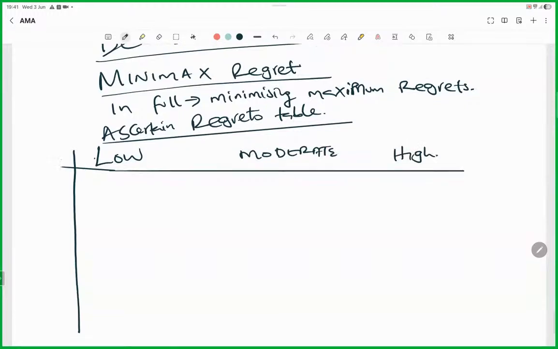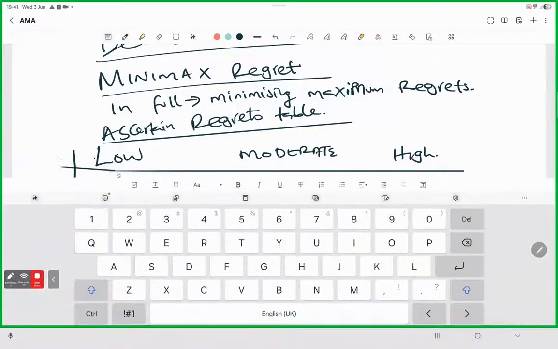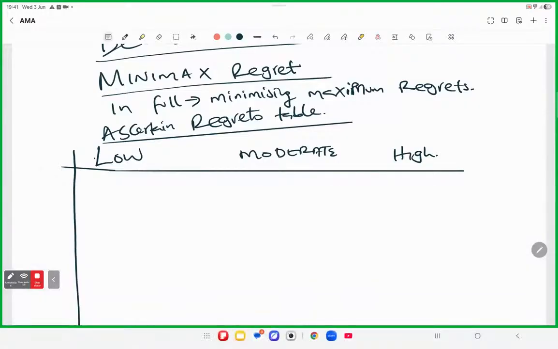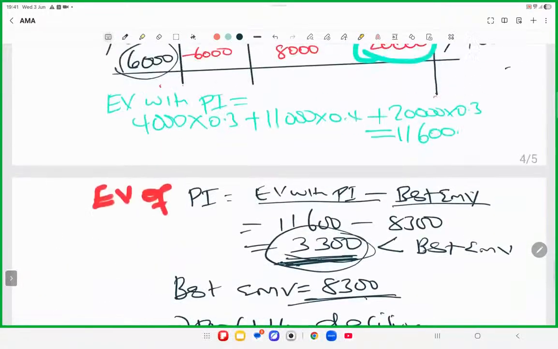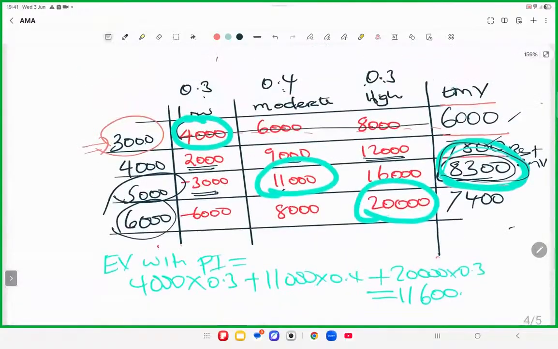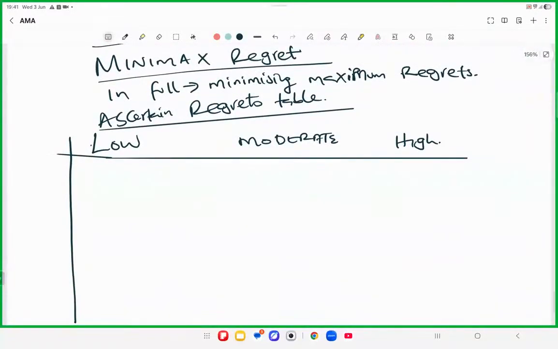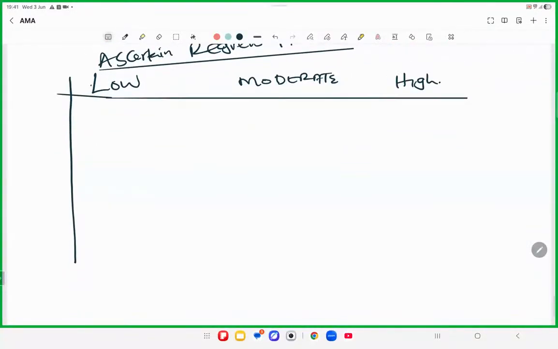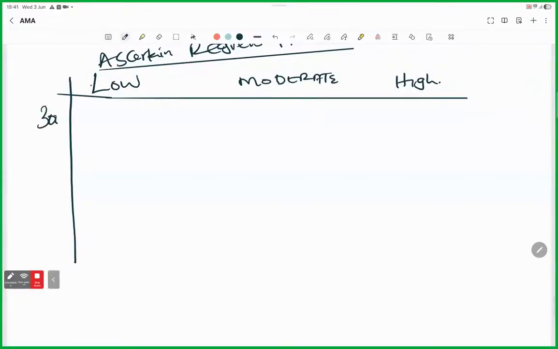Alafu hapa tulikuwa na 4,000 hapa. No, the units 3,000. The alternatives, yes. So 3,000, 4,000, 5,000, and then 6,000.